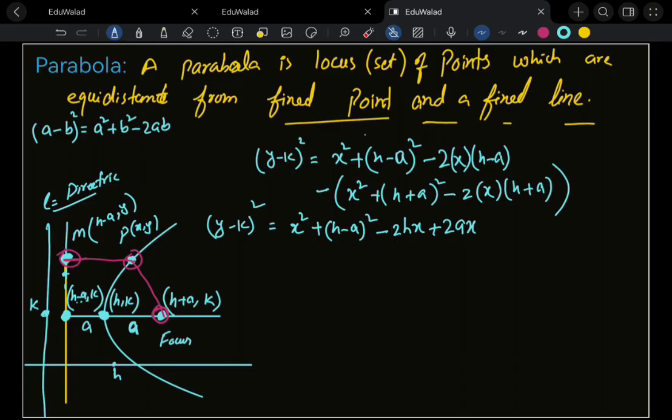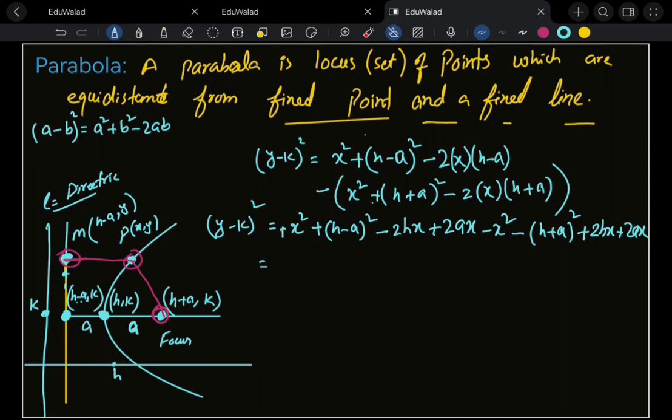We multiply this negative sign here, so negative x, negative multiplied by positive is negative, so negative into h plus a whole squared. Negative times negative is positive, so this is positive 2x. This negative sign and this negative sign, when multiplied, become positive. So this becomes 2hx plus 2ax.